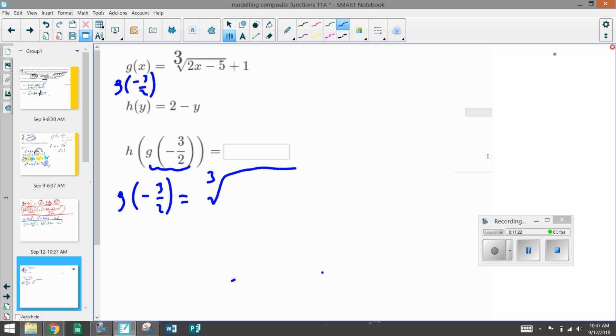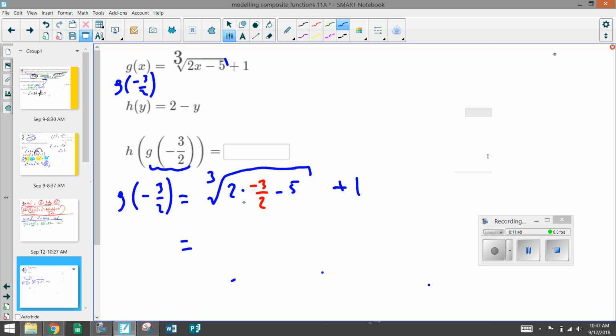Cube root of 2 times x is equal to, and minus 5. This is where the cube root ends. Okay, plus 1 is out there. Now let's solve this one.